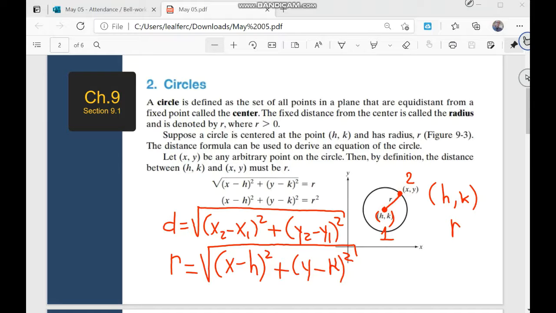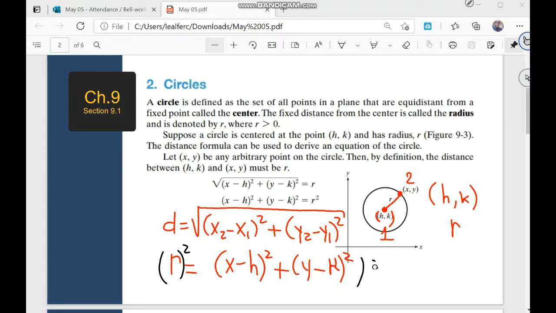Now apply square on both sides of this equation. We can simplify because we have a square root with a square. So let's just erase this. We simplified the square root with the square.